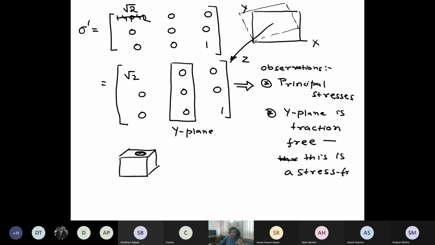So if I ask you some question and use this terminology stress free plane, that means on that plane there should be nothing acting. Okay, so this is another observation, and obviously I took this problem in such a way that these observations come, otherwise this would not have been there.